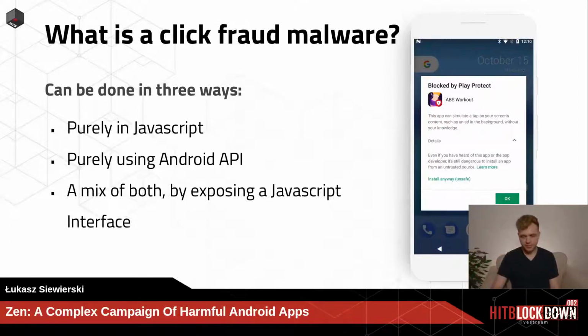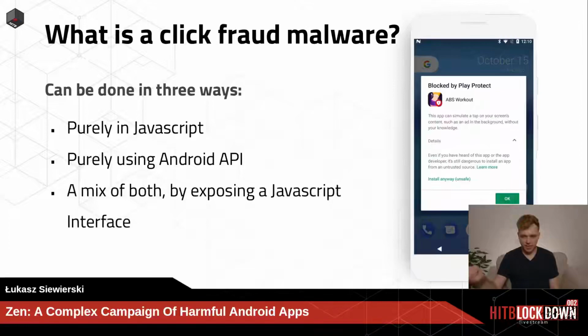And you can see that apps that are click fraud are blocked by Play Protect. So what you can see in the screenshot is when the app that was a click fraud app got blocked by Play Protect. And you can also see that there's a short explanation of the type of malware that was blocked.